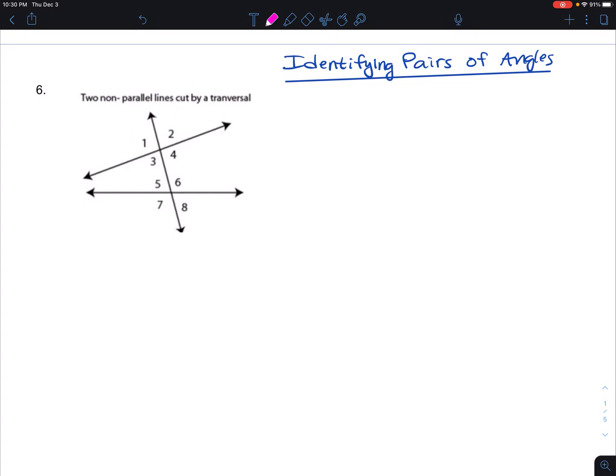specifics with the picture. Now, the angles that are between the two lines are interior angles, or inside. Interior angles.